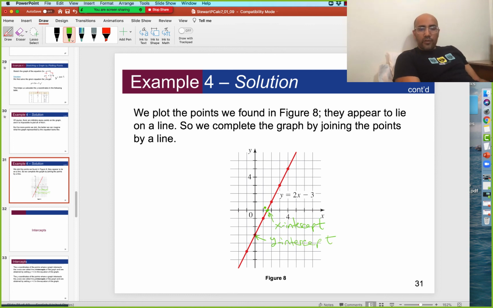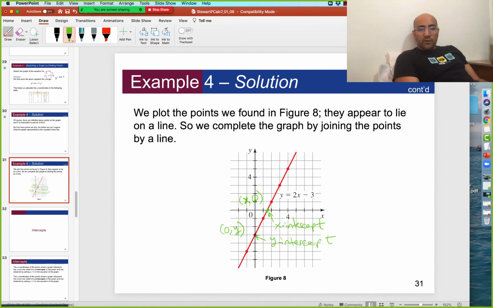If I come up with the ordered pair for the x-intercept, remember the ordered pair always has the x-coordinate first and then the y-coordinate. Because it's on the x-axis, it must be true that the y-coordinate is 0. So it's (x, 0). On the other hand, over here, if I come up with an ordered pair for this point, the x-coordinate is 0 and the y-coordinate I don't know, so it's just some y.